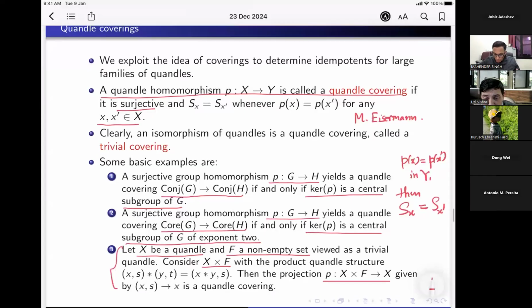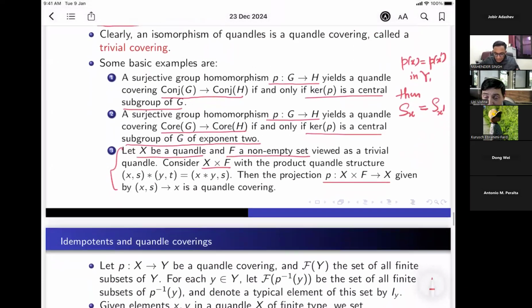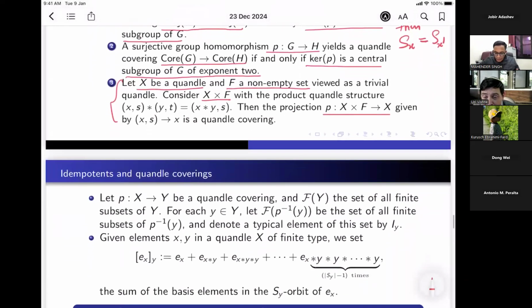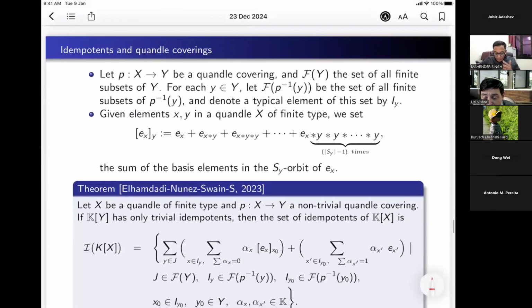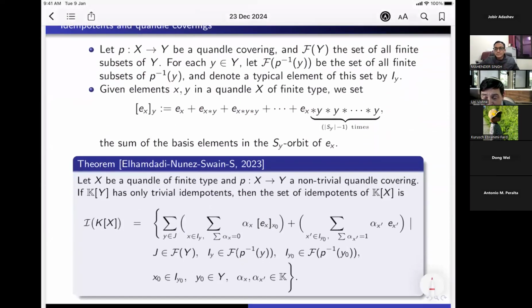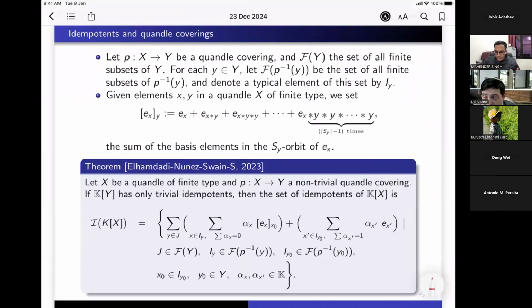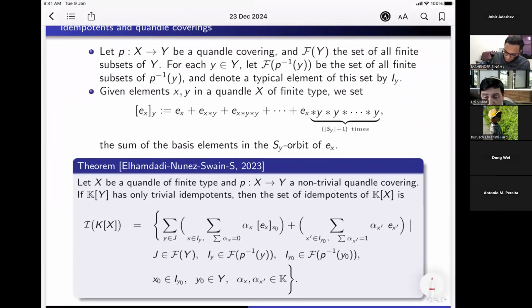And what we show is that once you have such a quandle covering, you have complete information about the idempotents of the top space if the base space is nice enough. Let us look at the statement.